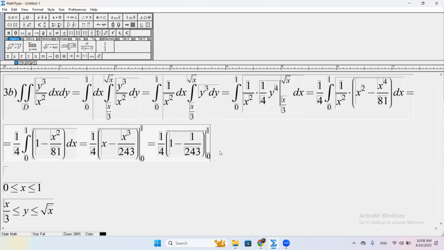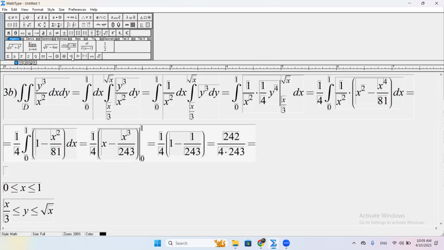Actually, what we have. So yeah, we don't need these substitutions anymore. So what do we have? So 1, oh no, not 1, 242 over 4 by 243.